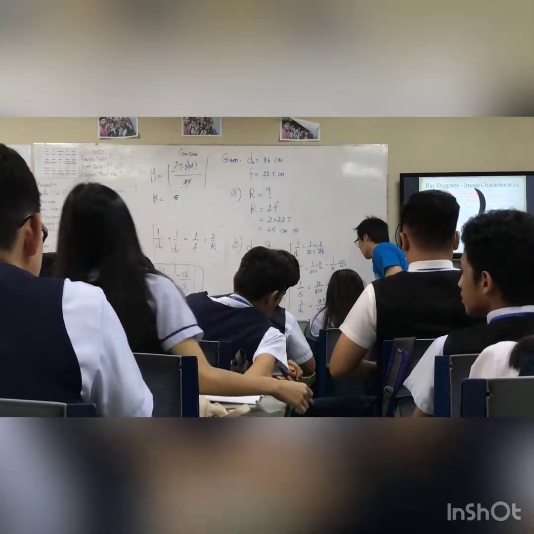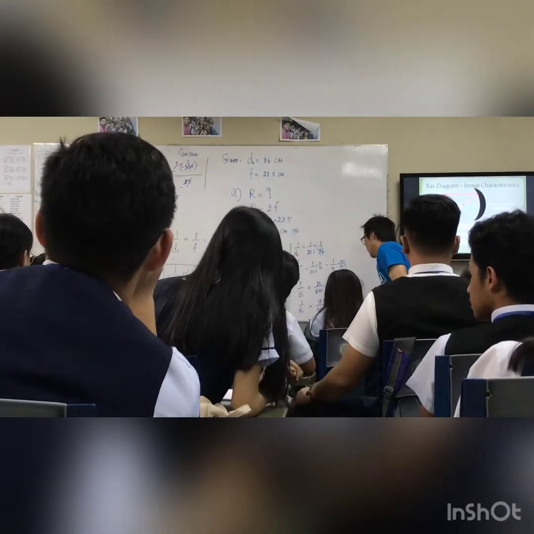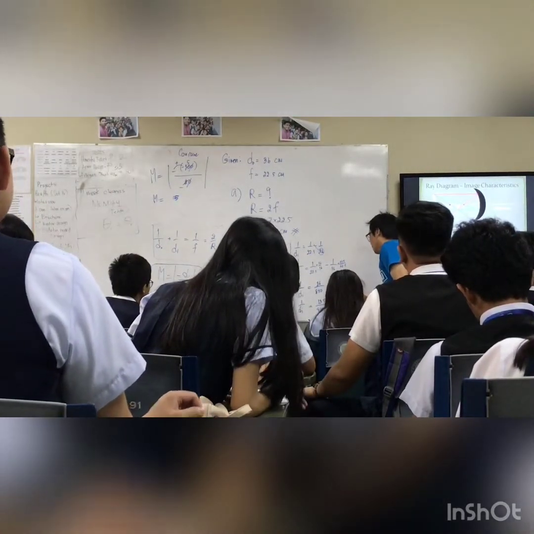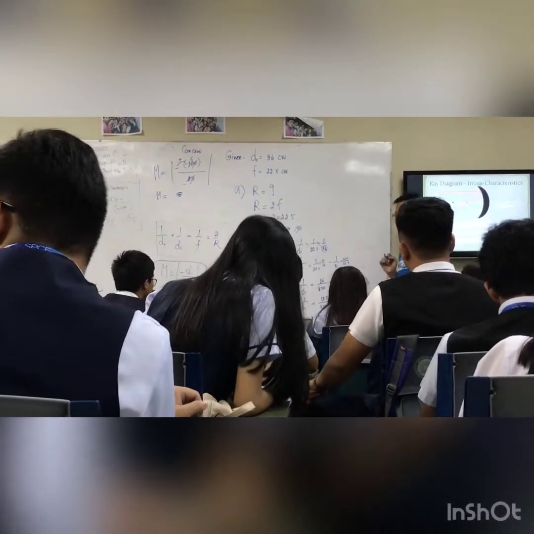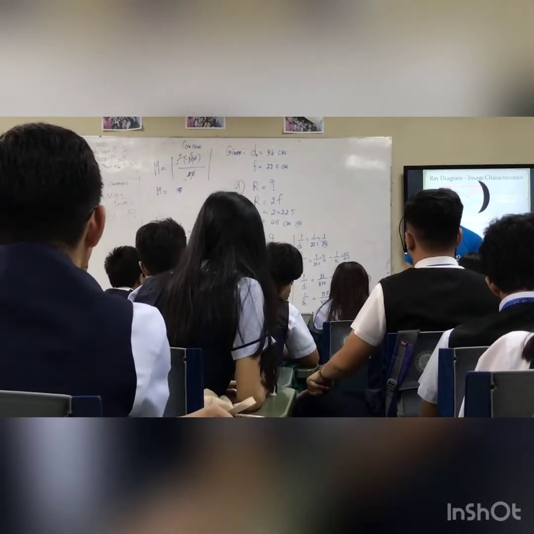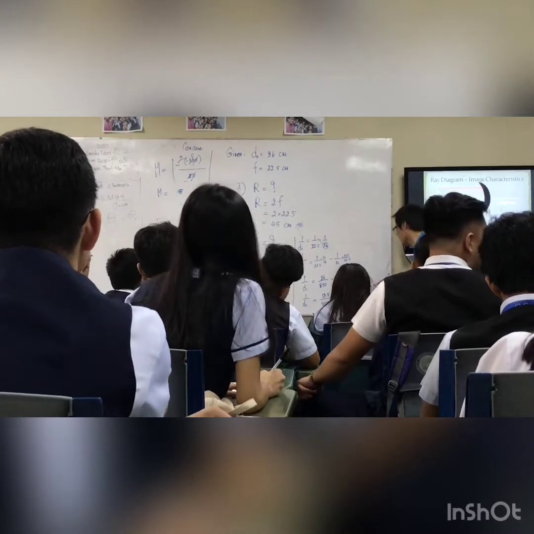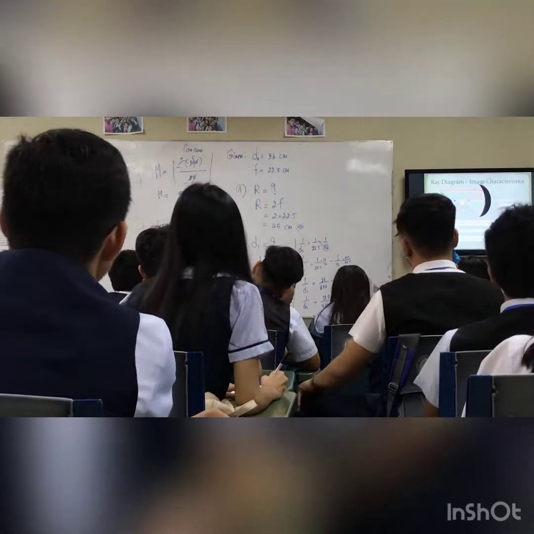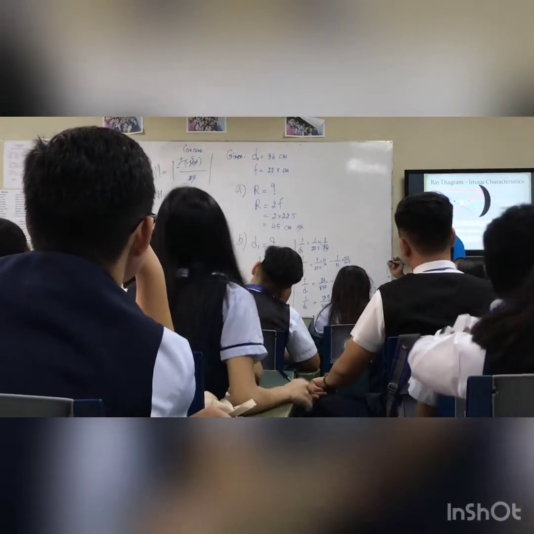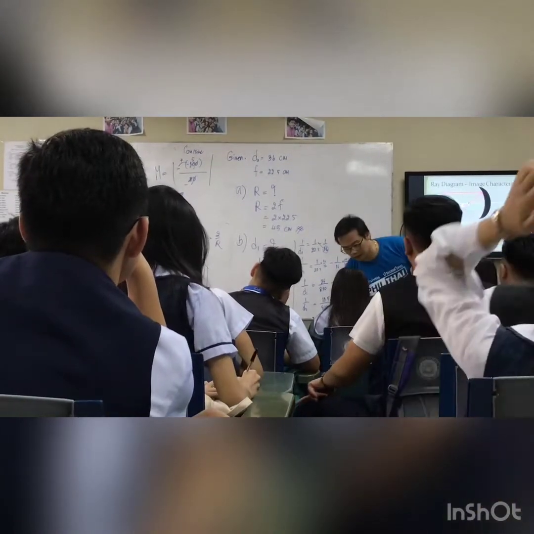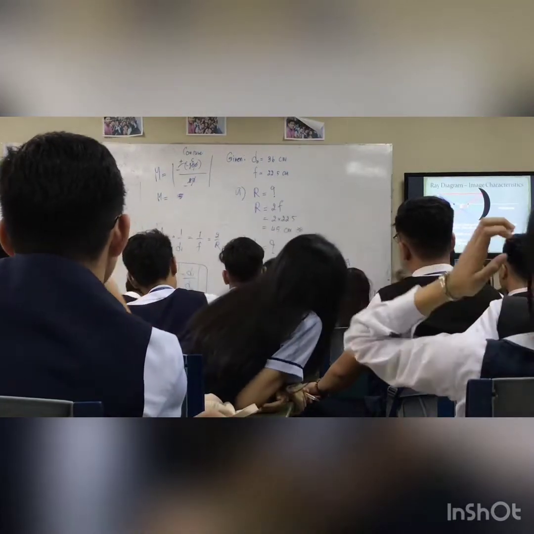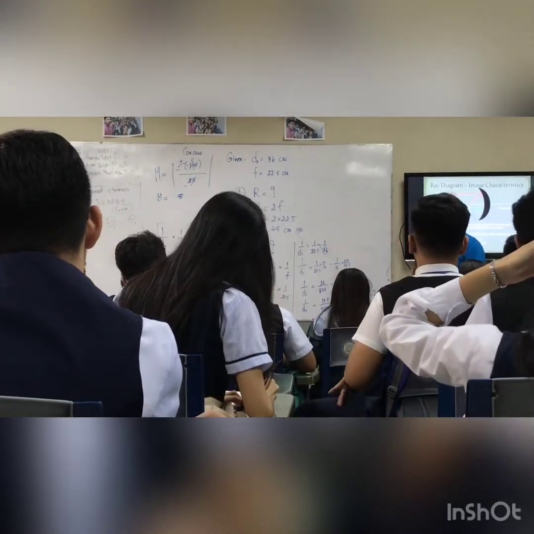So di is equal to 810 over 13.5. Then we calculate: how much? 60. So it is 60, in units of centimeters.